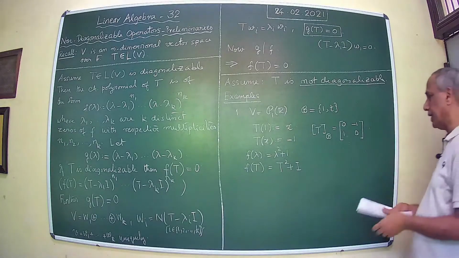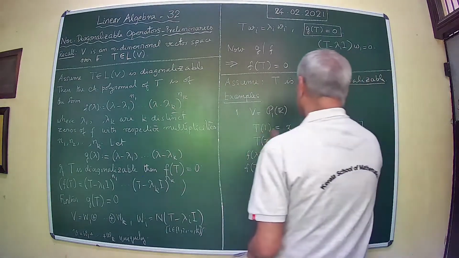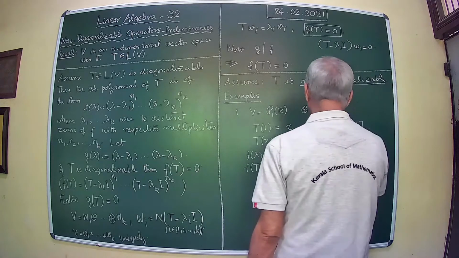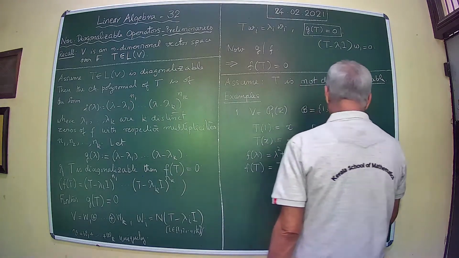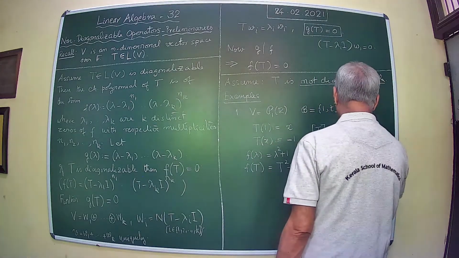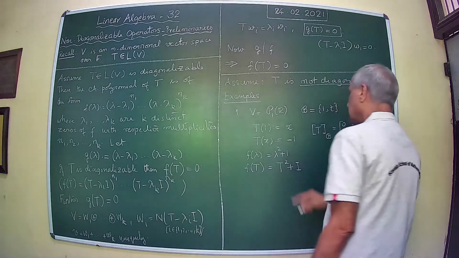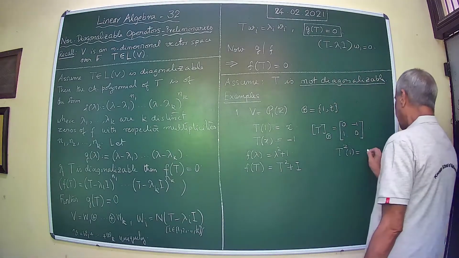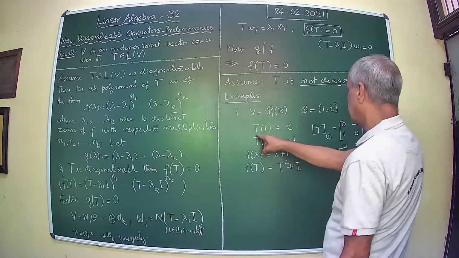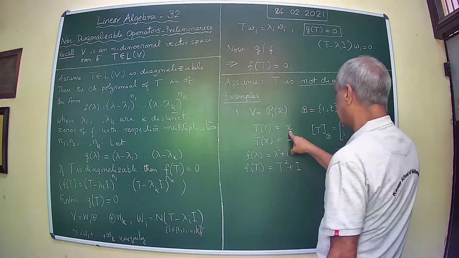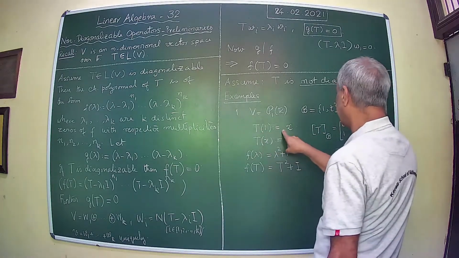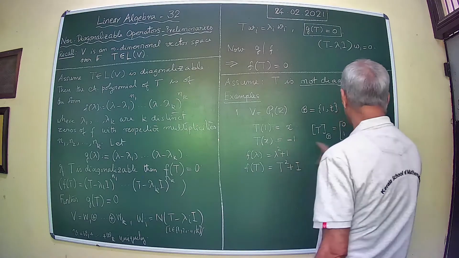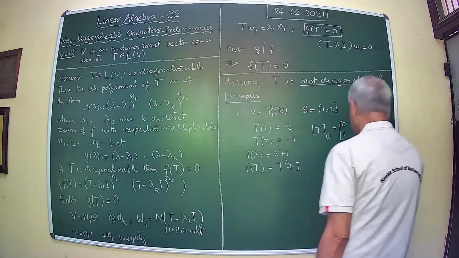What is T square? Now you observe that T1, so this is extended to the whole space. So we will see what is T square 1 equal to minus 1, because T1 is x, T square 1 is Tx, and Tx is equal to minus 1.